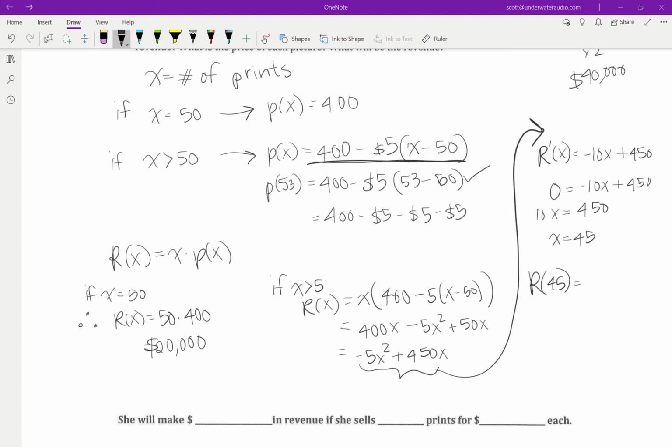So that would be 45 squared times -5, and then plus 450 times 45.